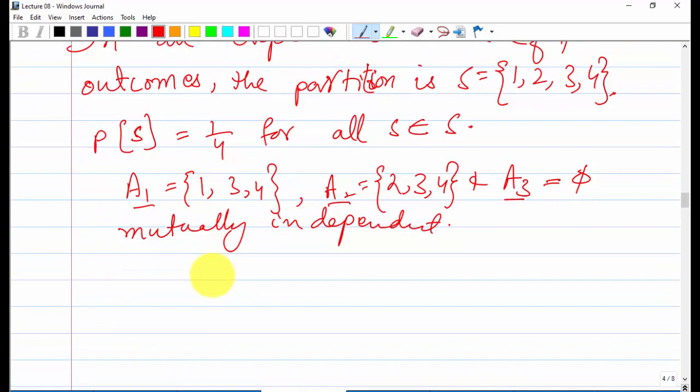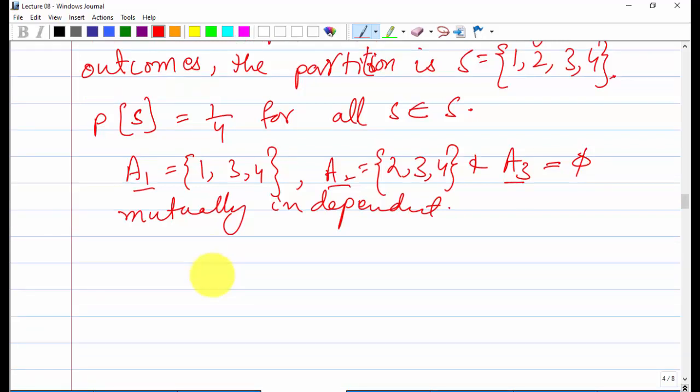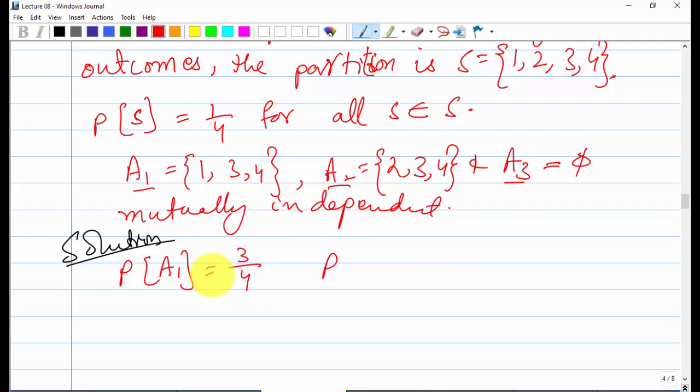We can first find the probabilities: probability of A1 is 3/4, probability of A2 is 3/4, and probability of A3 is 0, because that's a null set.